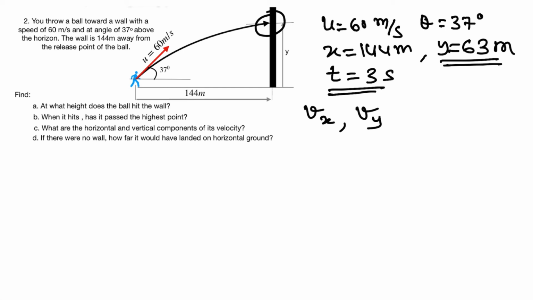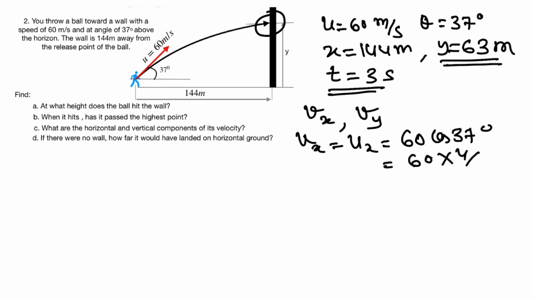In x direction, the projectile doesn't have any acceleration, so velocity is constant. So Vx is equal to ux, which is nothing but 60 cos 37, and this is equal to 60 into 4 by 5, which is 48 meter per second.